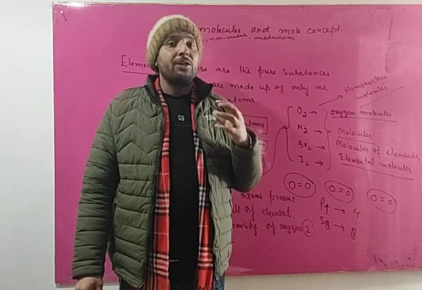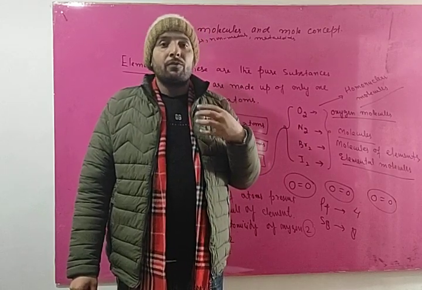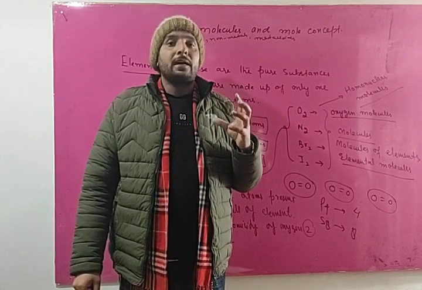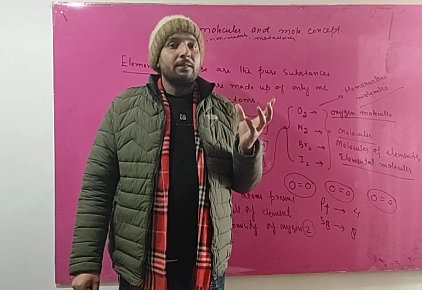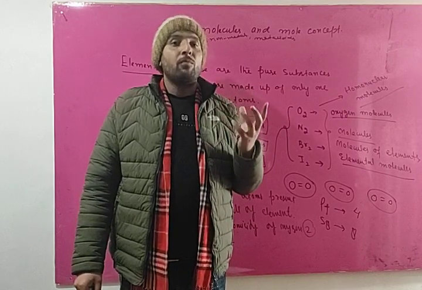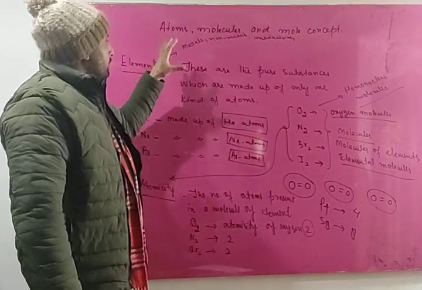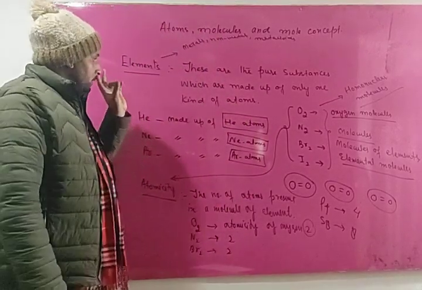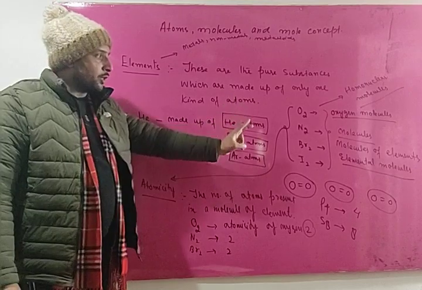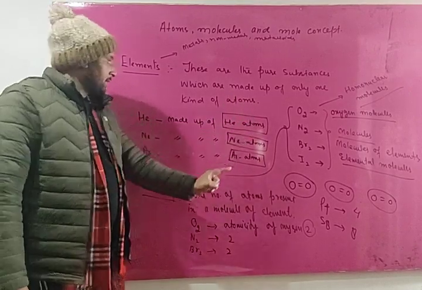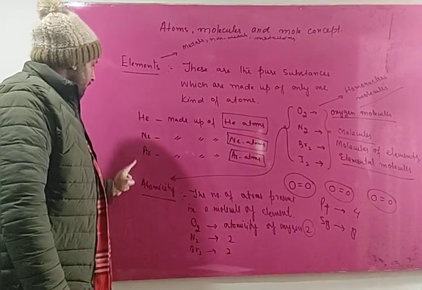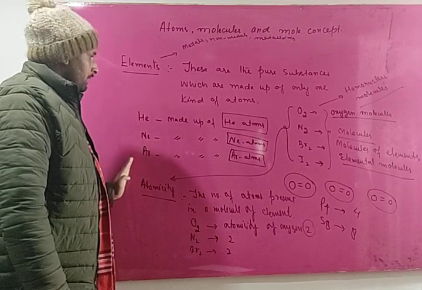We can have a gaseous state of a metal, and the atoms of that metal will definitely be stable. Okay? So, atoms exist in groups as molecules of elements, or they exist as independent atoms, as in the case of noble gases.